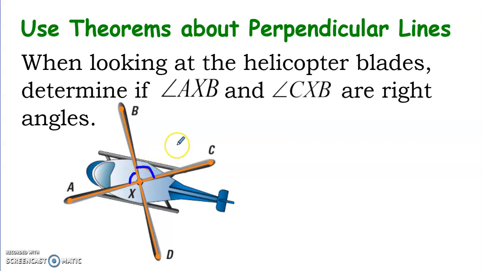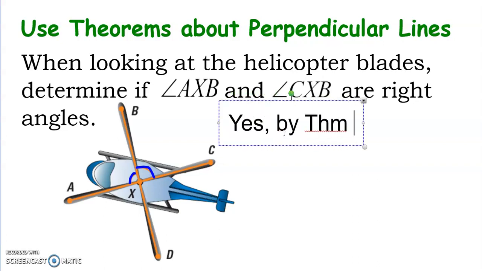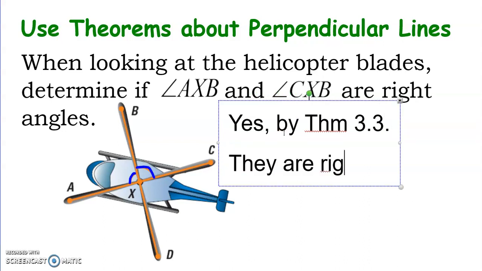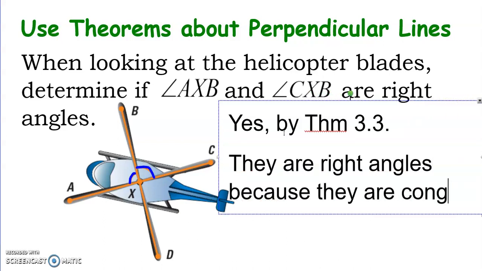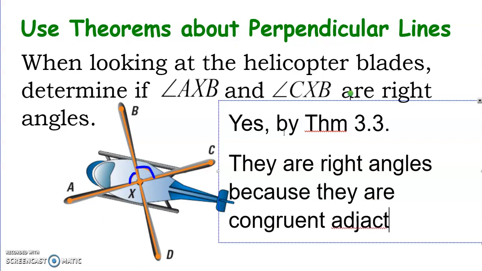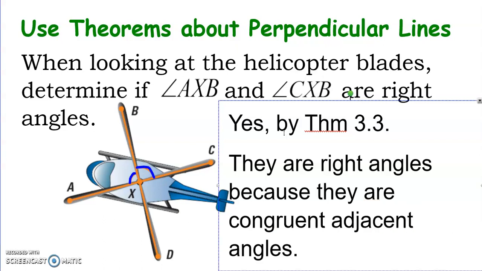So congruent adjacent angles means that they are perpendicular. So since they're perpendicular, that means that they are 90-degree angles. So yes, by the last theorem, 3.3 that we just looked at, they are right angles because they are congruent adjacent angles.